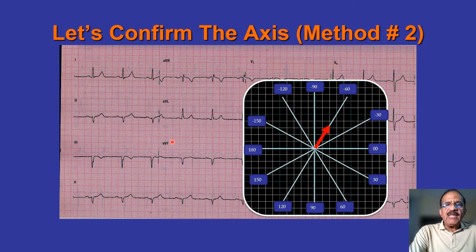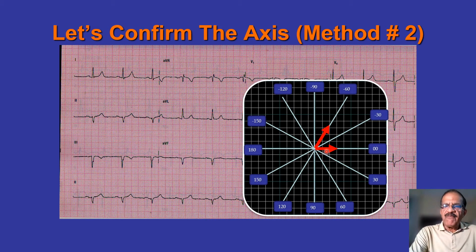So we have drawn this. Now we pick up another lead. Let's pick lead 1, and in this case the deflection is upward and it is not as tall as this one. So we draw an arrow along the positive terminal of limb lead 1, but slightly smaller than this, and here it is. So we have drawn an angle here.